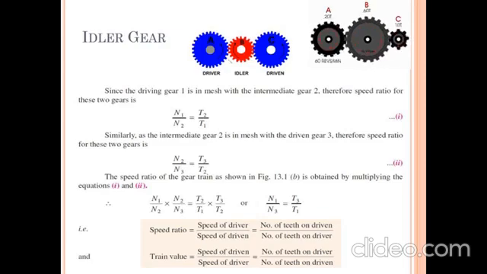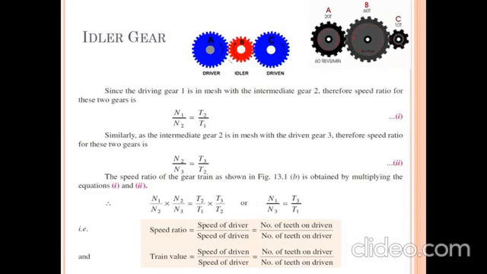Suppose in that figure A is the driver gear and C is the driven gear. If I have to transmit power from A to C, I can use the first method, where the two gears A and C are made of such a large diameter that both will mesh with each other.